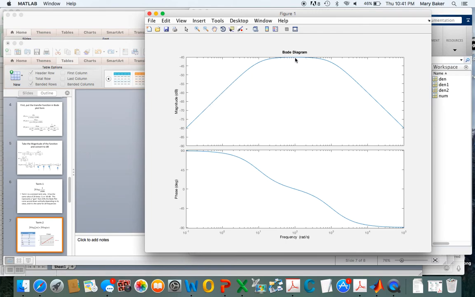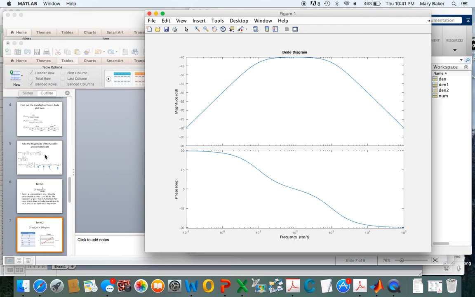Now you notice the maximum value is at minus 40. So basically, if I come down here to omega equals 1, and I sort of draw a vertical line, you notice that I get very close to minus 60 dB. So what is minus 60 dB?